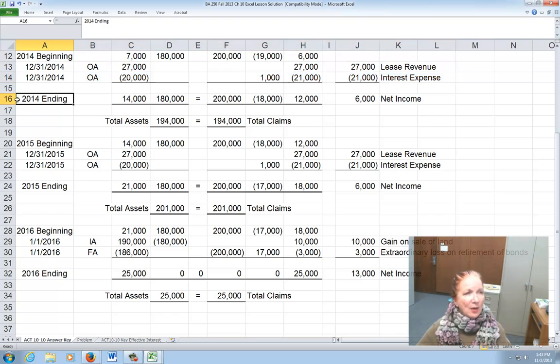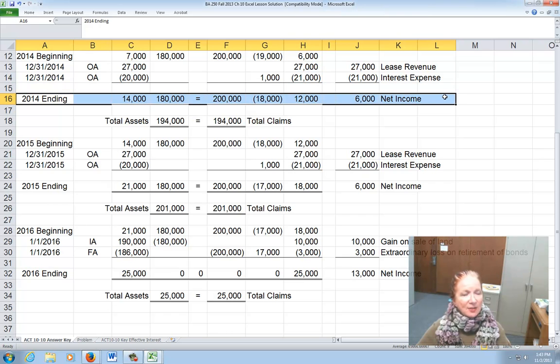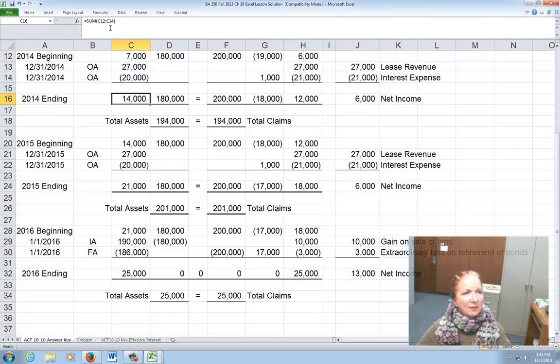So now we have to calculate those ending values. Here we have for cash, you can see it in here. It's adding together these two cash columns, C12 and 14. Then we have the bond, excuse me, this would be the land. So we have the land transaction, it's adding that up.